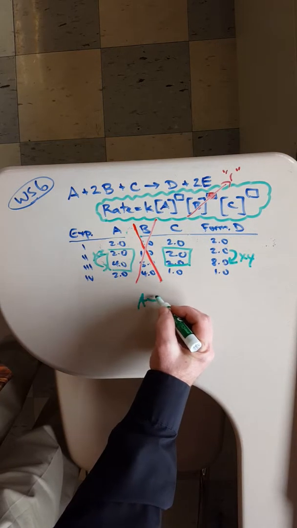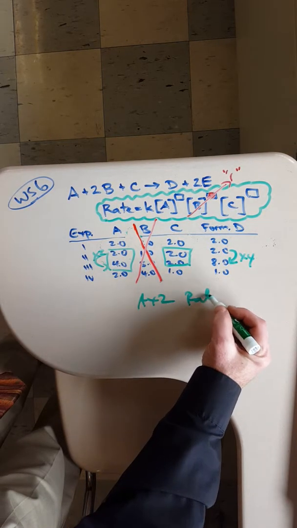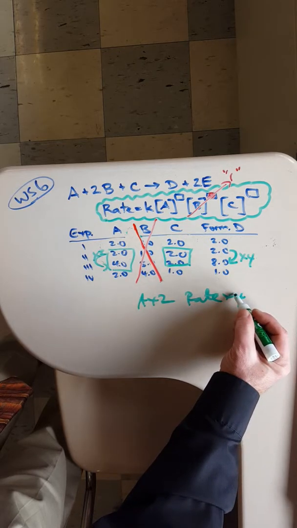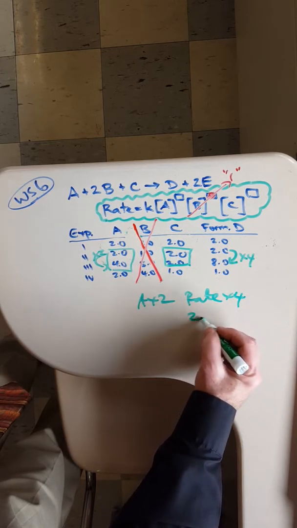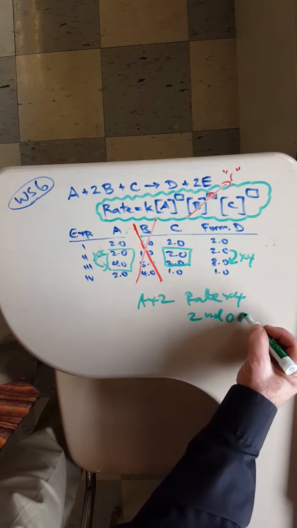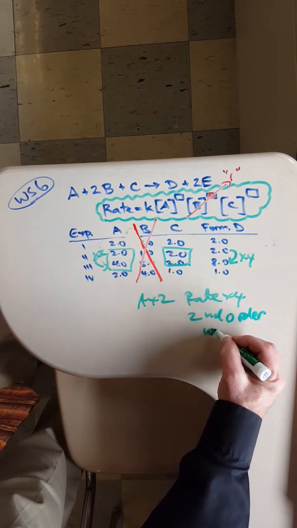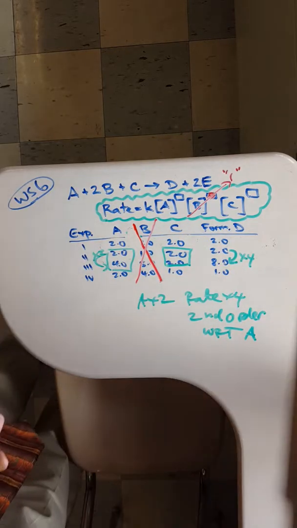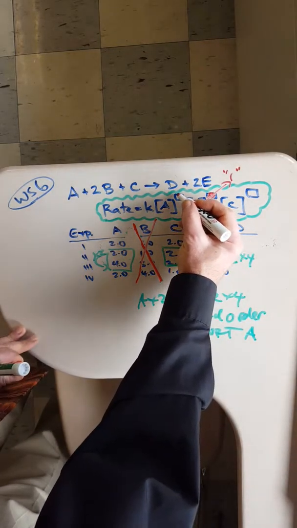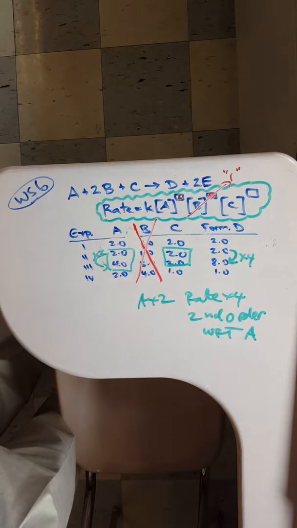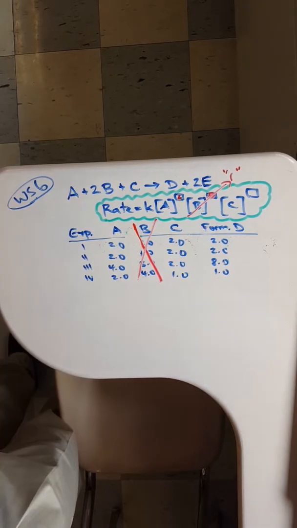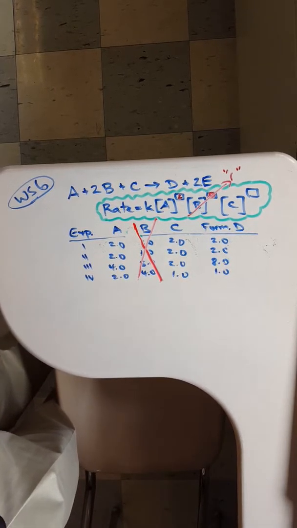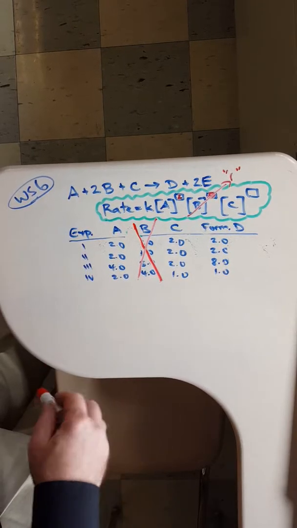So if A goes times 2, my rate of formation of D goes times 4. I believe that's second order with respect to A. I'm going to put a 2 up in here. So now I've determined B has no effect, A is second order.